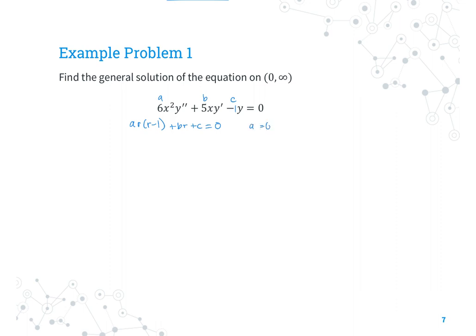So we have a equals 6, b equals 5, and c equals negative 1. If we plug those in, we end up with 6r times r minus 1 plus 5r minus 1 equals 0, or 6r squared minus 6r plus 5r minus 1, or 6r squared minus r minus 1 equals 0.